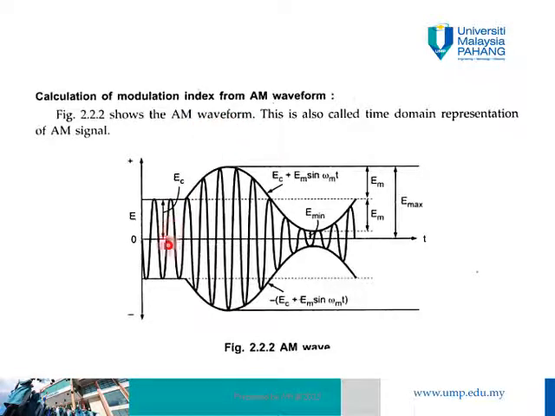Let's say from here, from 0 to the maximum of the carrier, we have EC. EC is the maximum amplitude of the carrier signal. Here we have EM.